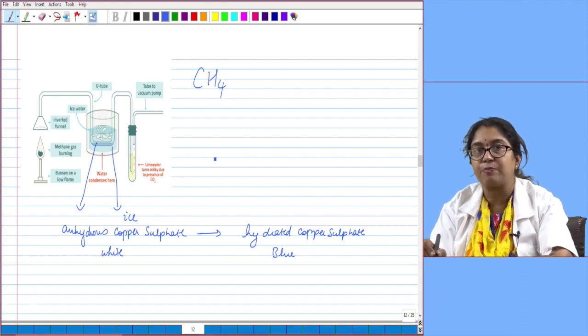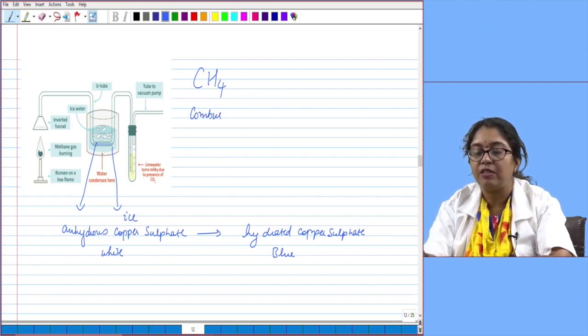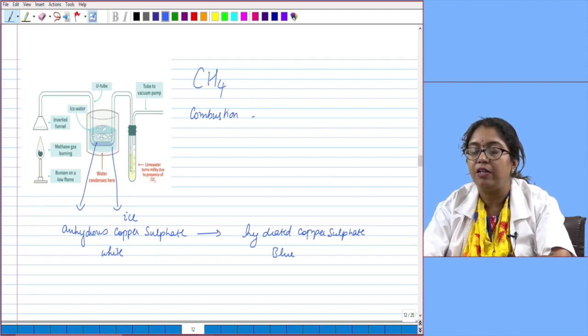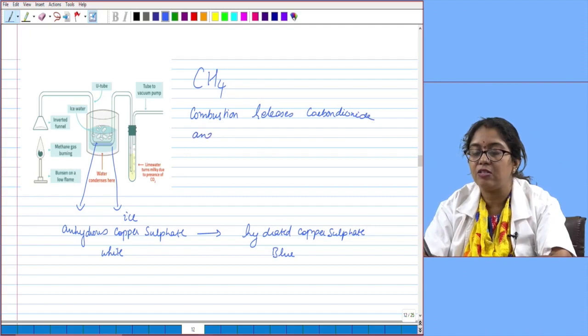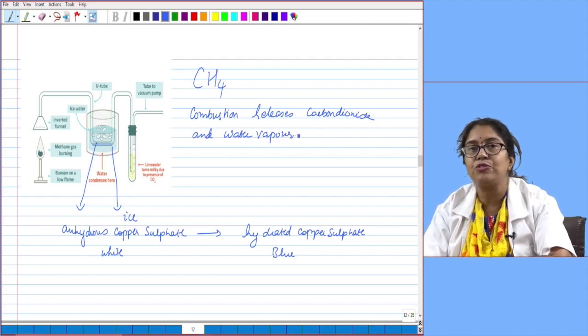So by this experiment, we can prove that burning, or combustion, releases carbon dioxide and water vapor. Is that clear, children? So this shows that combustion releases water vapor and carbon dioxide.